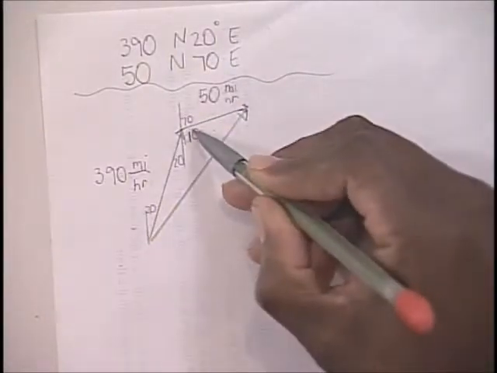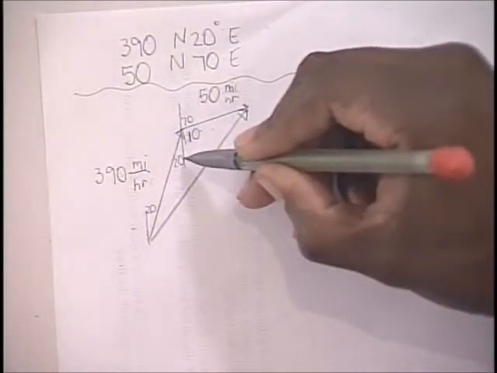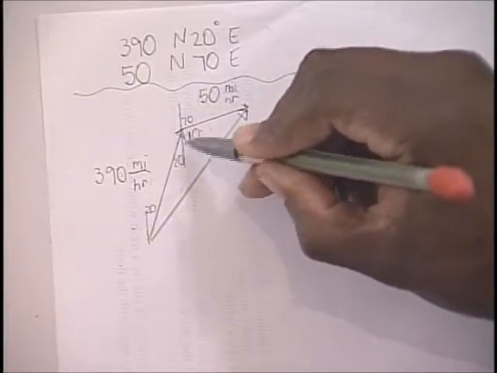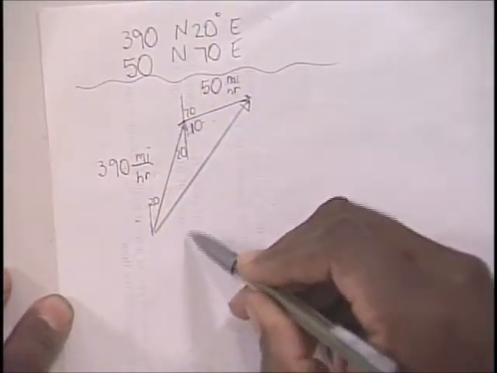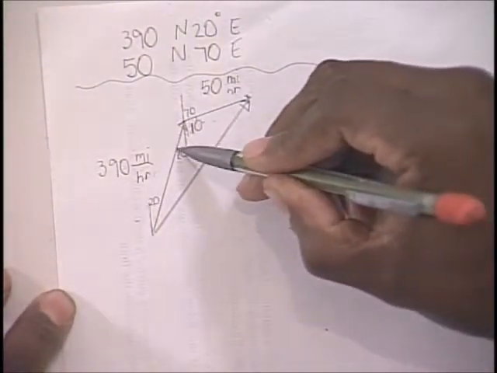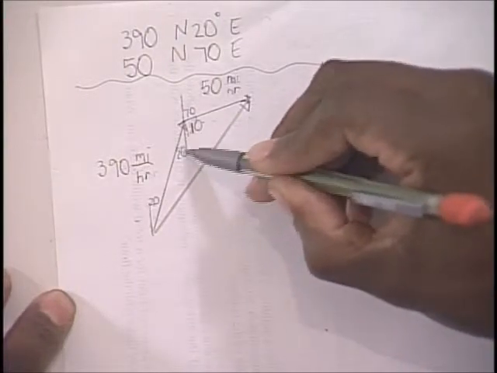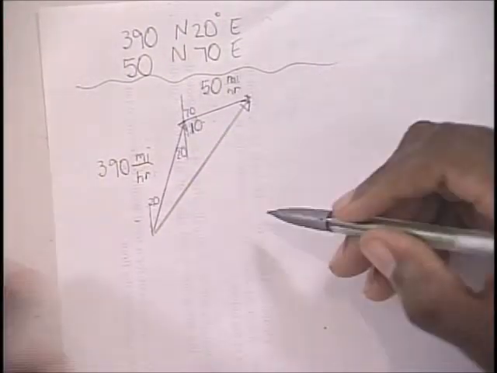Now that you know this is 110 and this is 20, you know the angle in the triangle is 130 degrees.